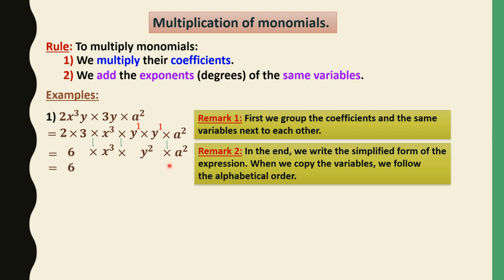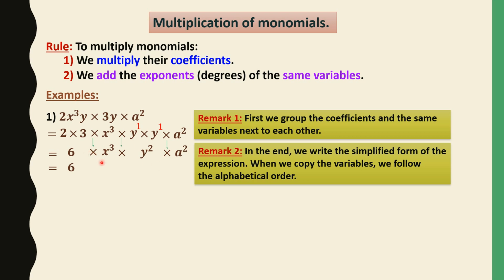And when we start writing the variables, we follow the alphabetical order. But before we do, be careful. If you notice here we have 3 powers with different base, x, y, a. So of course I cannot multiply powers with different base. So that's why I cannot simplify this expression anymore. I cannot do x, y, a exponent, for example, 7.